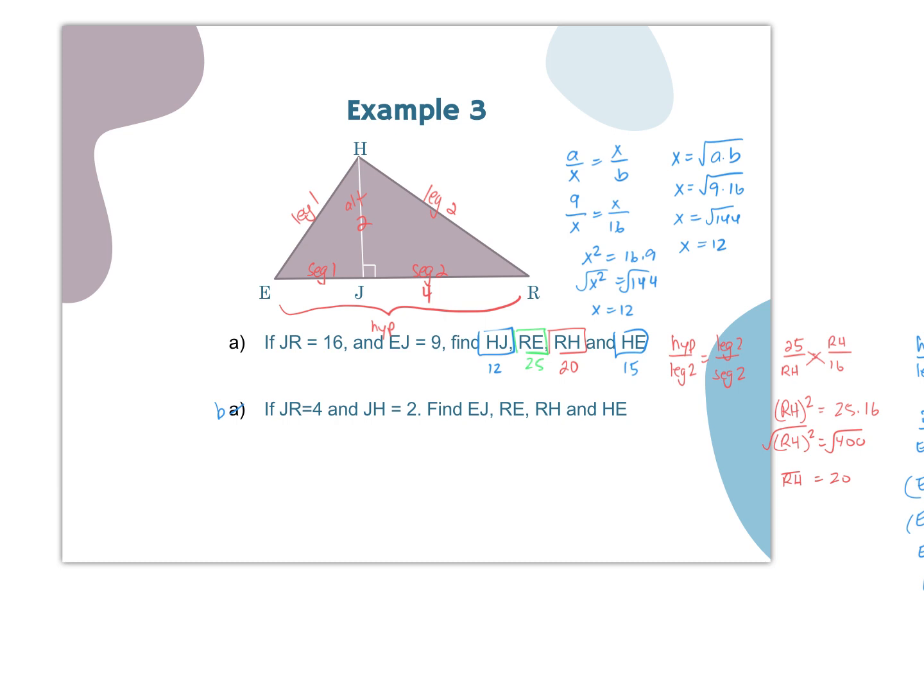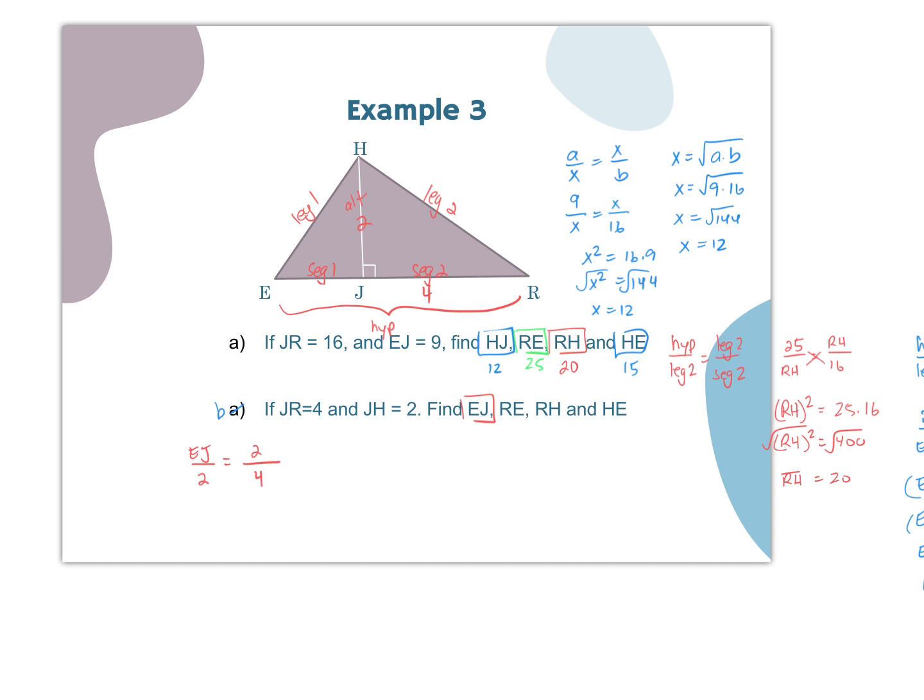So first things first, I'm going to start trying to find segment EJ first. So I know, again, and I'll just set it up as a proportion. I know that my altitude, it's going to be segment 1, which is EJ, over my altitude. 2 is going to equal my altitude over JR, which is 4. My segment 2.